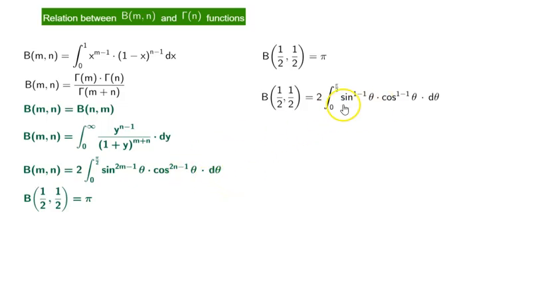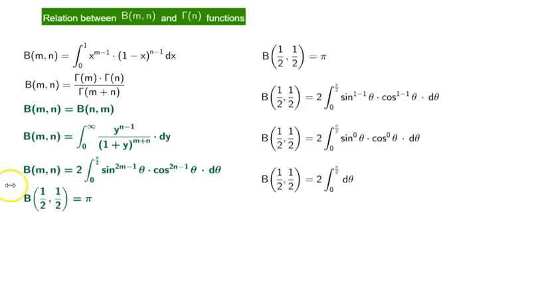Simplifying that, we end up with 2 times the integral from 0 to pi/2 of sin to the power of 1 minus 1 theta times cos to the power of 1 minus 1 theta d theta. And this is sin^0 theta, cos^0 theta.